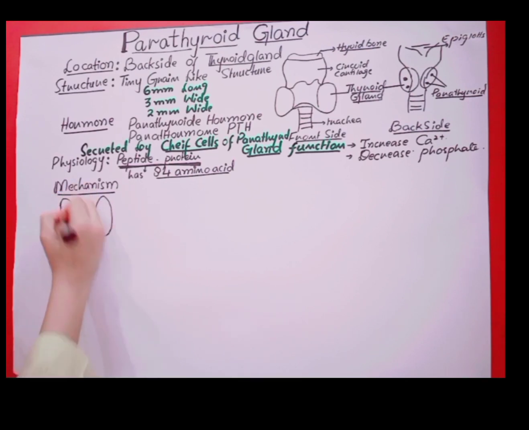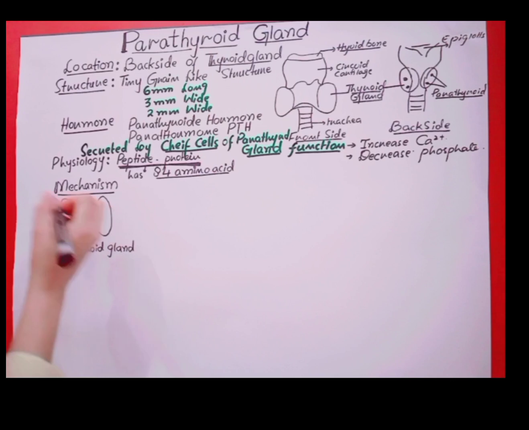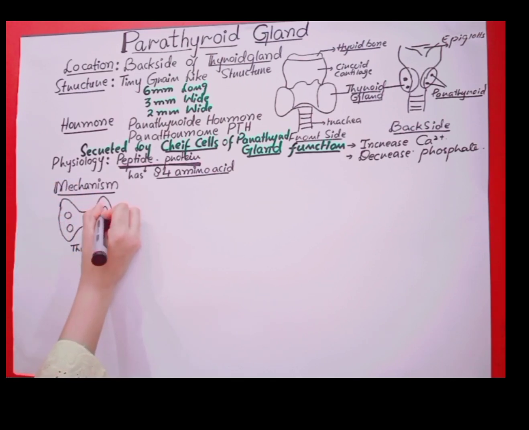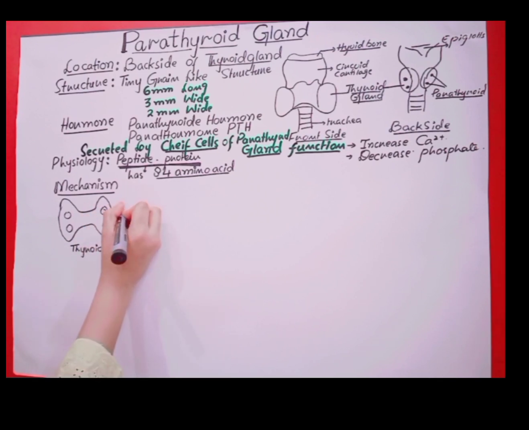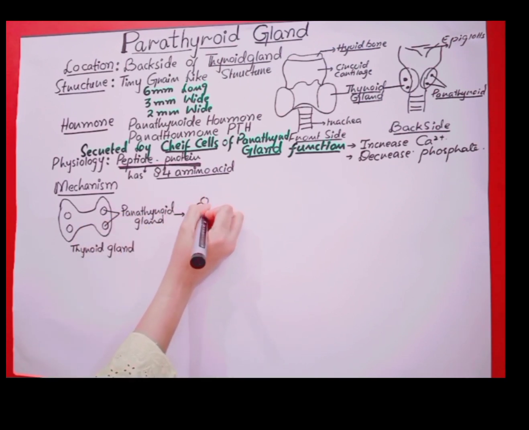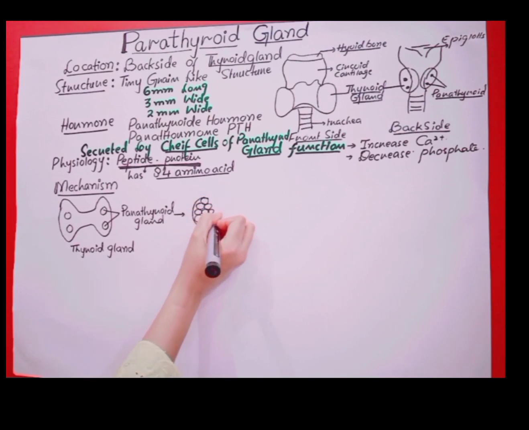This is our thyroid gland, and here we have 4 tiny structures which are our parathyroid glands. The parathyroid glands contain chief cells which are responsible for the production of parathyroid hormone.